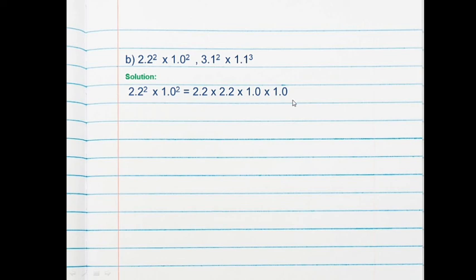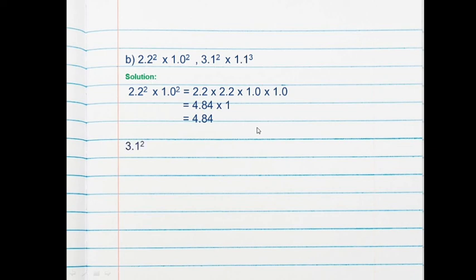As the exponent given for both is 2, we will multiply 2.2 by itself 2 times and 1.1 by itself 2 times. So now we are going to multiply it. So that is 4.84 into 1. When we multiply 2.2 with 2.2 we will get 4.84, and 1.1 into 1.1 will be 1.21, so which is equal to 5.8564. So this is the value we got for the first expression.